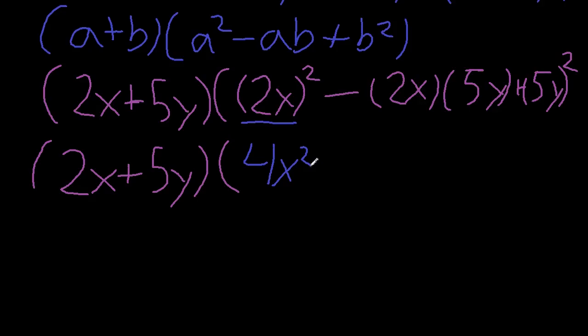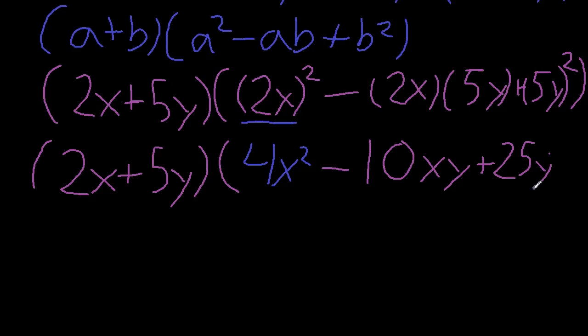Then I have 2x times 5y, that will give me 10xy. Finally, 5y times 5y is going to be 25y squared. So that's your final answer.